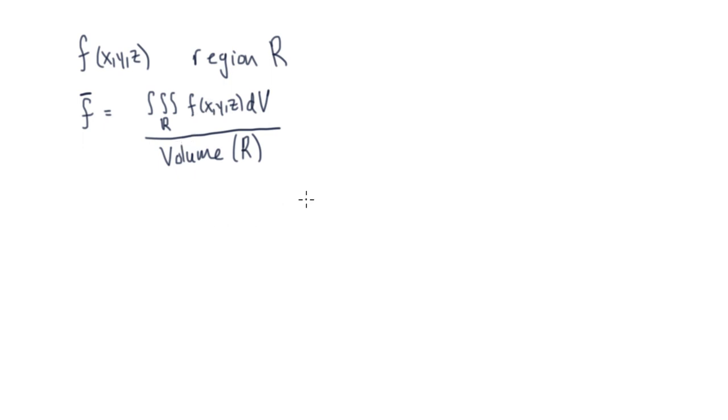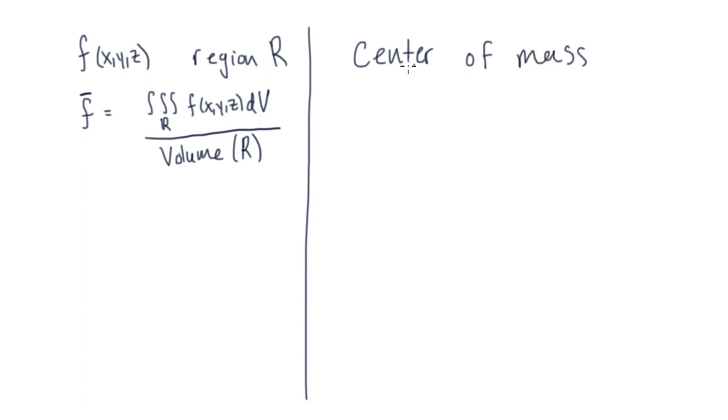Okay, so an important example, or I should say related example, it's not exactly the average value of a function, is the center of mass of a region. So recall that we just discussed how to find the mass of a volume region or an area region. So we can also talk about the center of mass. And even though I said it's not exactly the average value of a function, that's the way you should think about it.